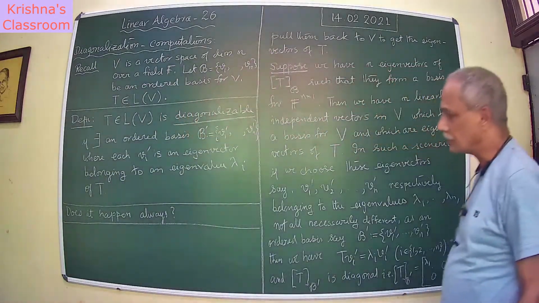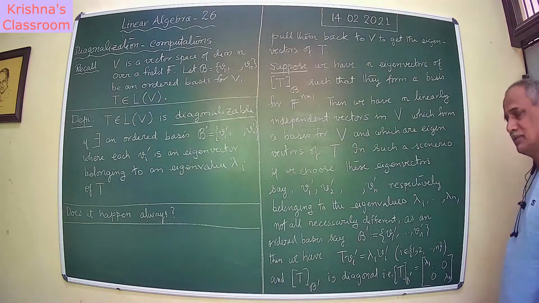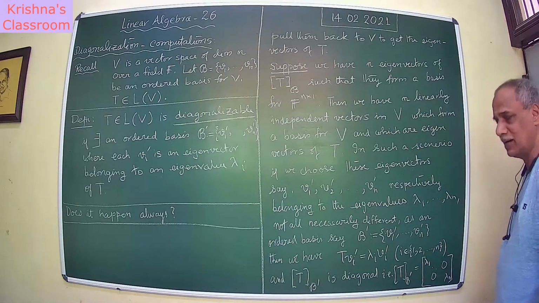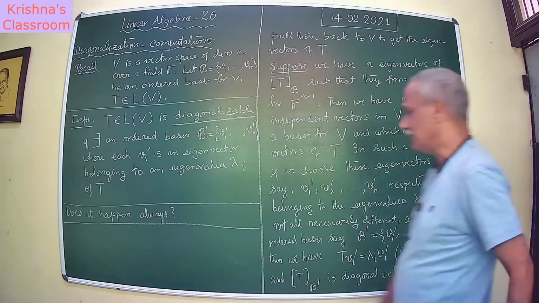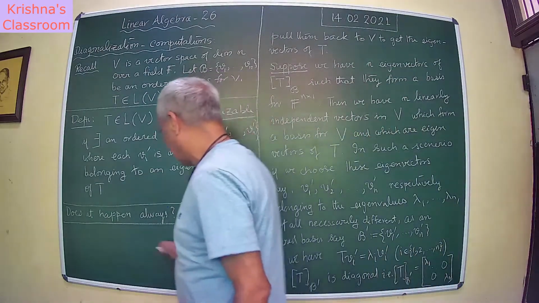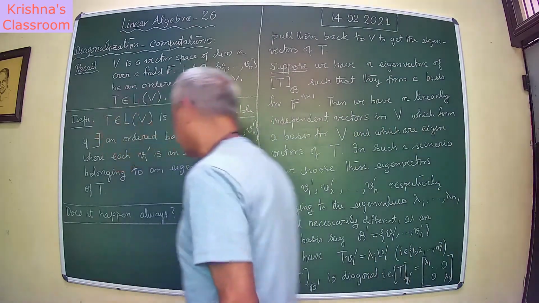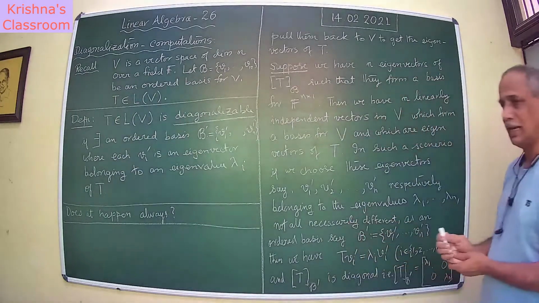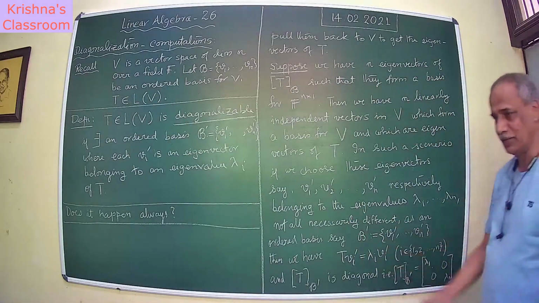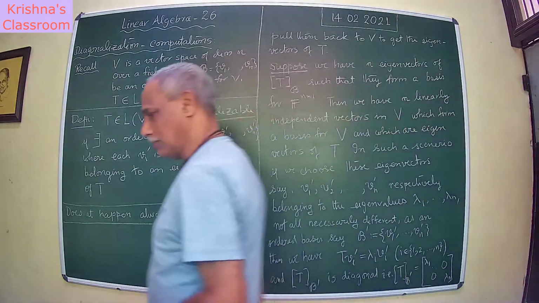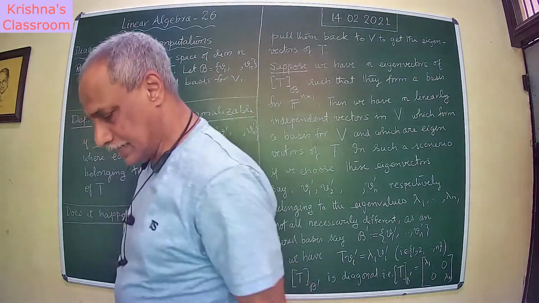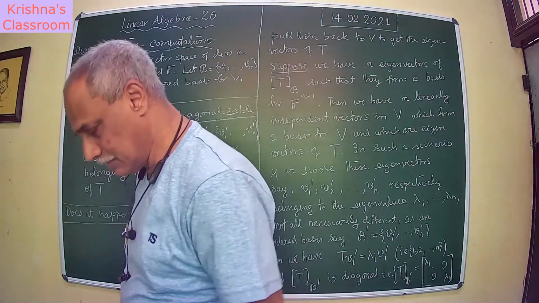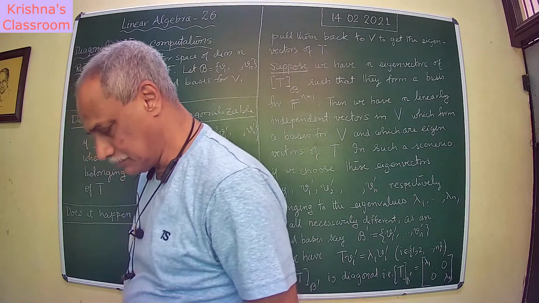If it happens, then we would have everything diagonalized. Let us look at the complexities of this problem by looking at some examples. That's the best way to get insight into the problem. So let us start with the example.